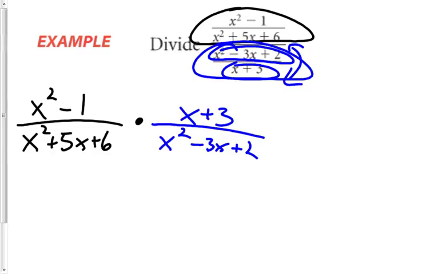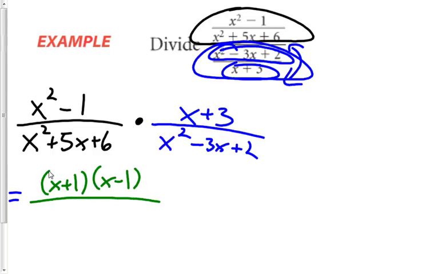From here now, all I have to do is multiply. But it would most likely be easier if I were to write everything in factored form. X squared minus 1 would give me the factors x plus 1 multiplied by x minus 1.